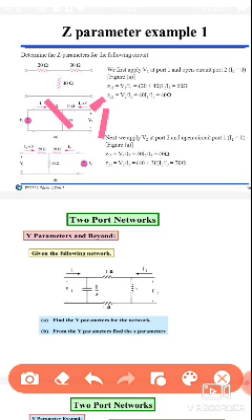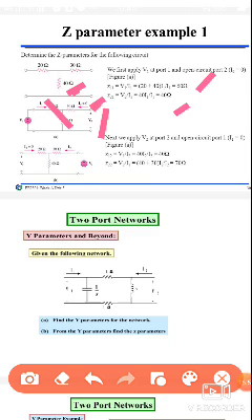Next, Z21 equals V2 by I1. V2 is the voltage across the 40 ohm, which is 40 I1, divided by I1. So Z21 equals 40 ohms.